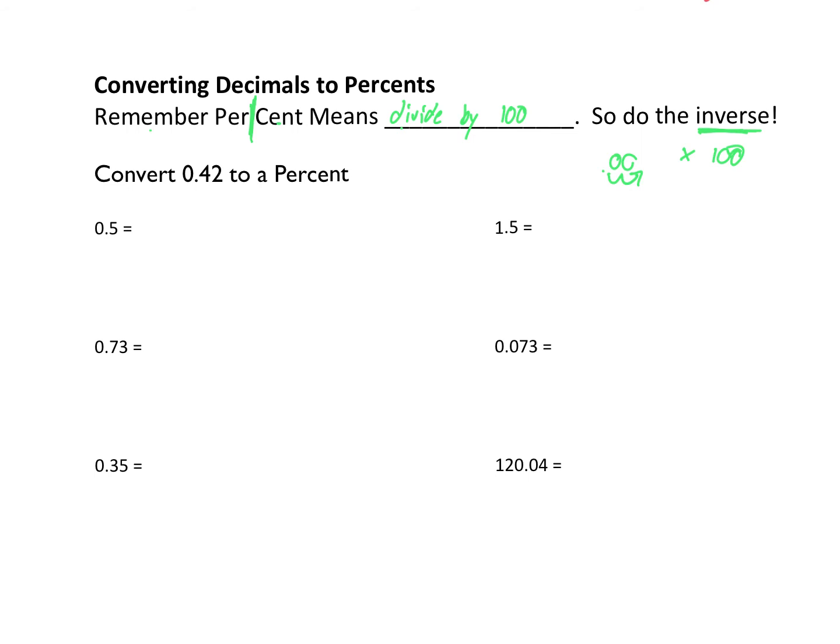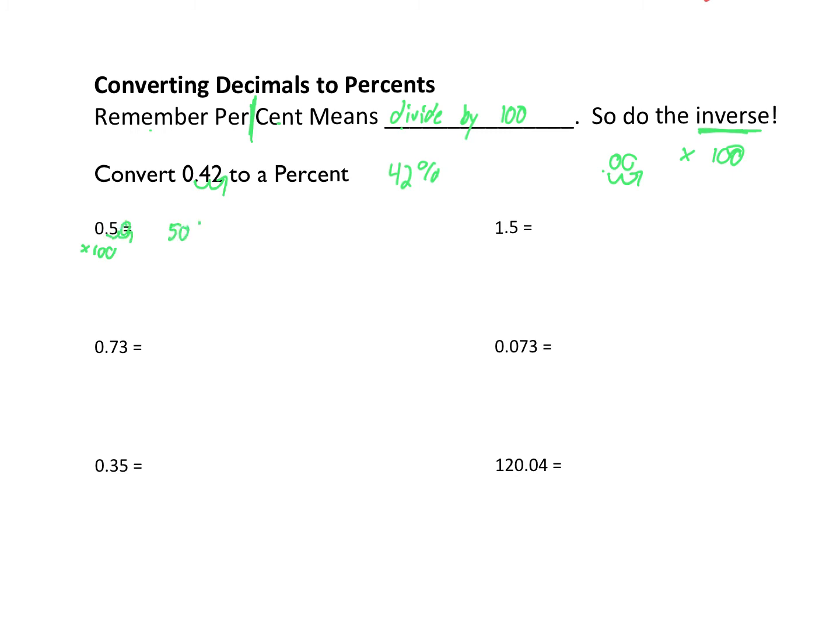All right, so 42 hundredths multiplied by 100. That just gives you 42%. Got to put the percent sign. Okay, 5/10. We're going to multiply 5 times 100. Best way to do that, just move the decimal 2 spots.